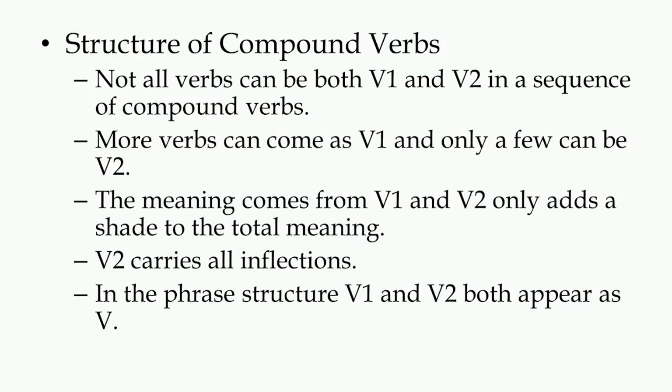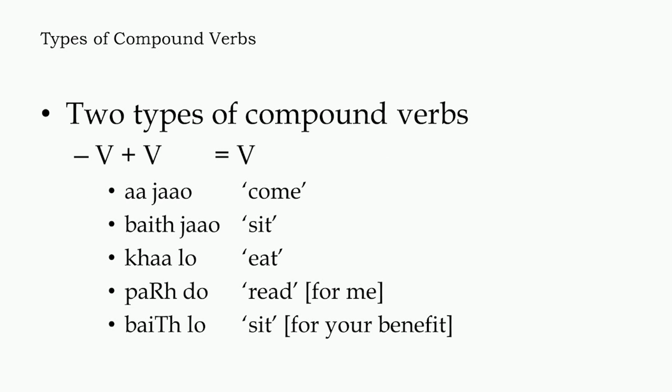And we also see another significant thing in the construction of compound verbs, particularly when they are used in a sentence: it is V2 that carries all inflections. All the examples that you have seen so far are examples of imperative verbs, where you see imperative markers like jao, lo, do.